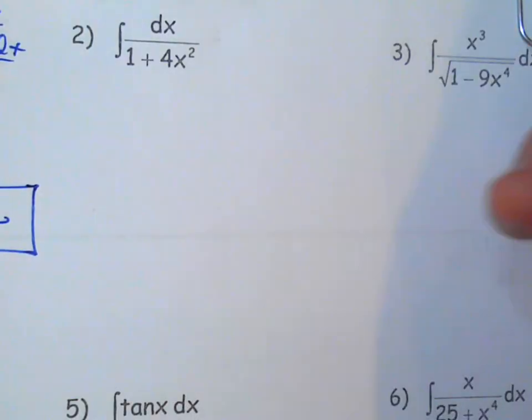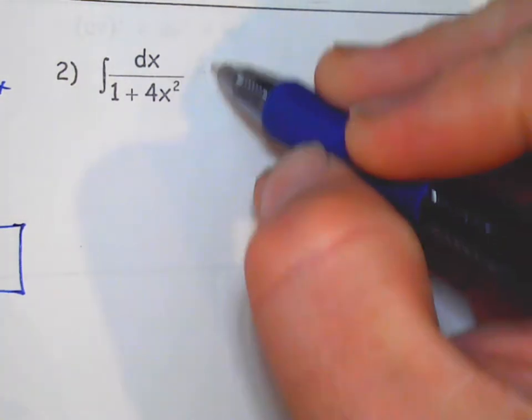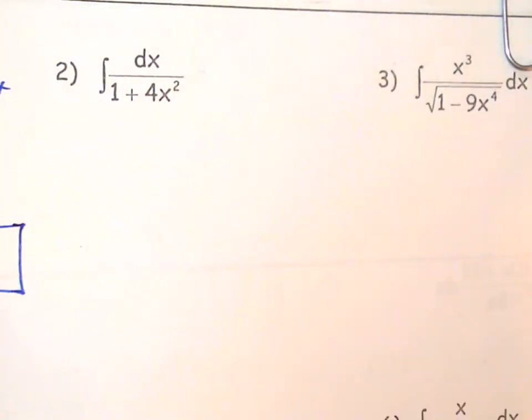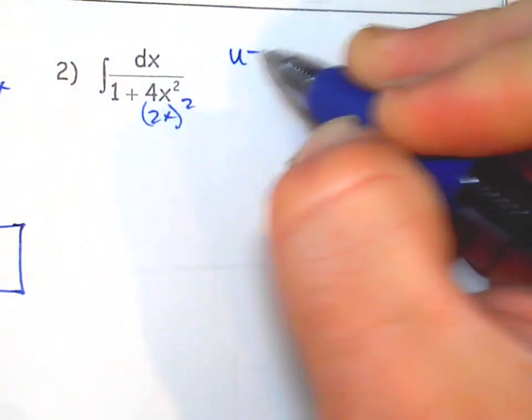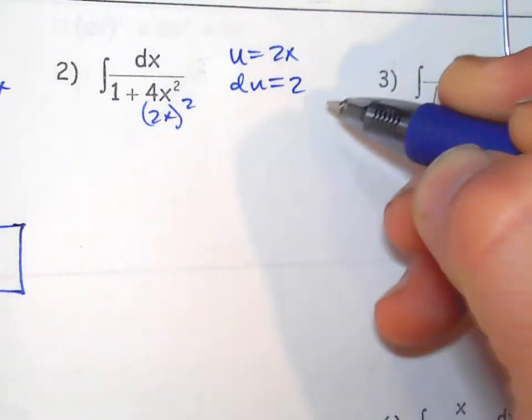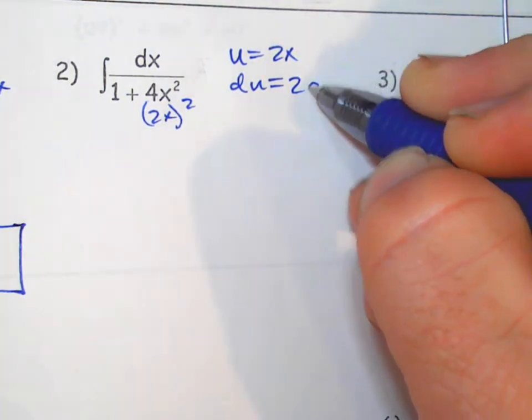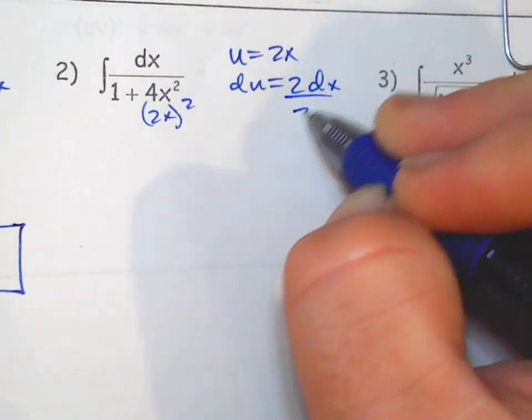Okay, number 2, u-substitution is not going to work, but neither is partial fractions. This is an inverse tangent, right? This is something squared, so it's going to be 2x. We will use u-substitution, but to make it fit the inverse tangent, du equals 2 dx, don't need the 2.